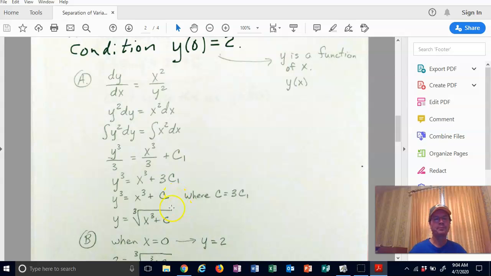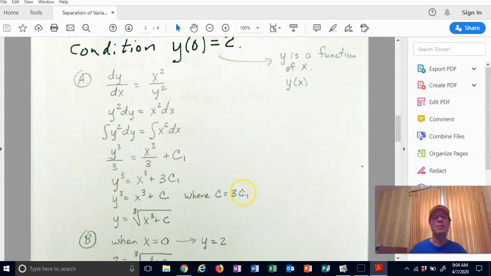And then I want to get y. I have y cubed, so I'll take the cube root of both sides. And now my general solution to the differential equation is that y is equal to the cube root of x cubed plus c.